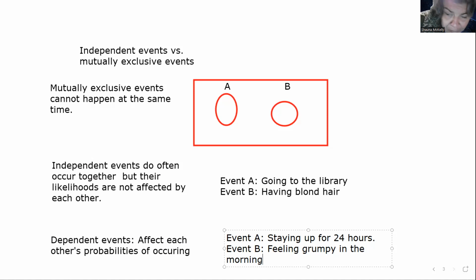Now, what I really wanted to focus on in this video is more about tree diagrams. We saw in the previous section that tree diagrams can help us with finding sample spaces.